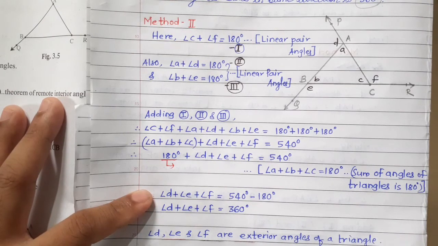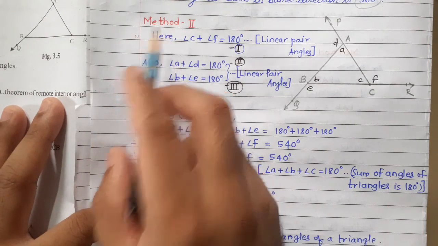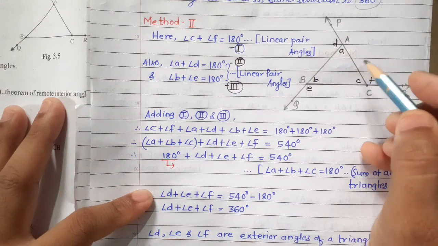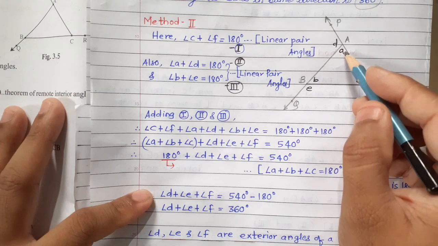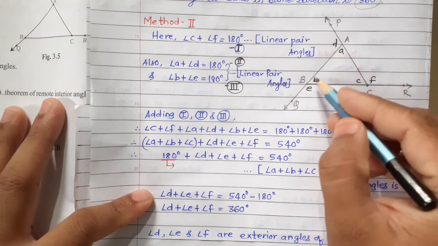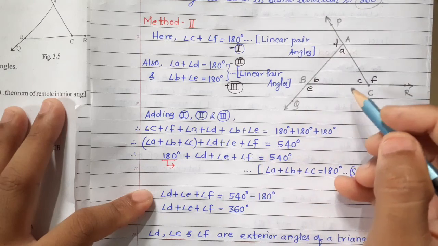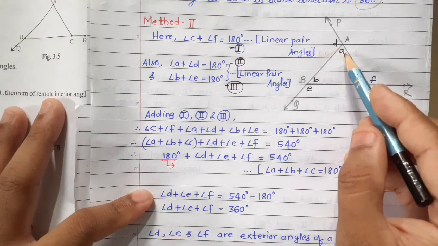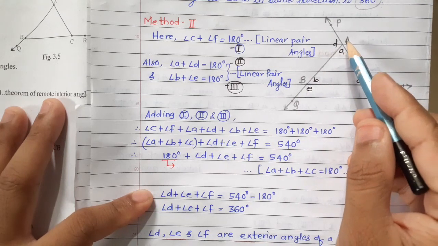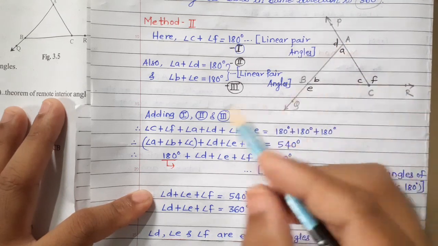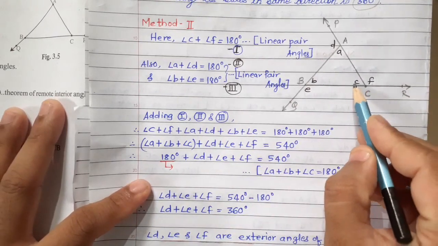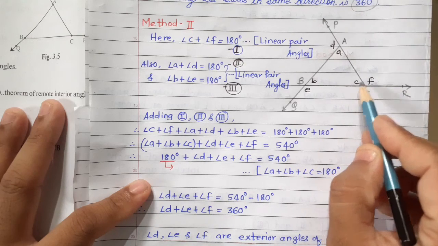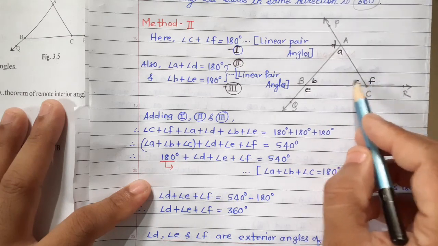Now we will see proof by the second method. We have triangle ABC and we are naming the interior angles as A, B, C and the exterior angles as D, E, F. So here see, angle C and angle F are linear pair angles, and we know that linear pair angles are supplementary.